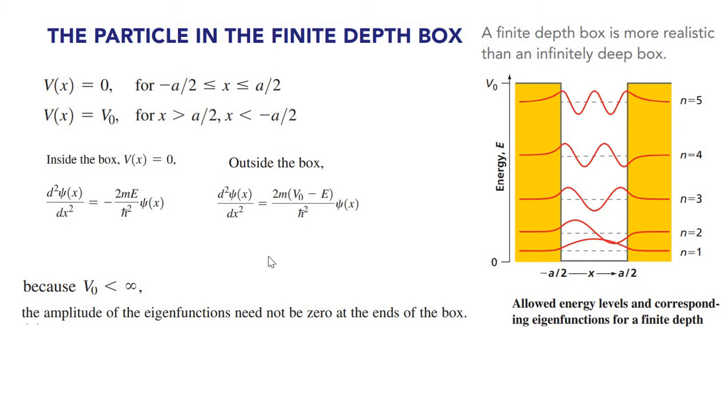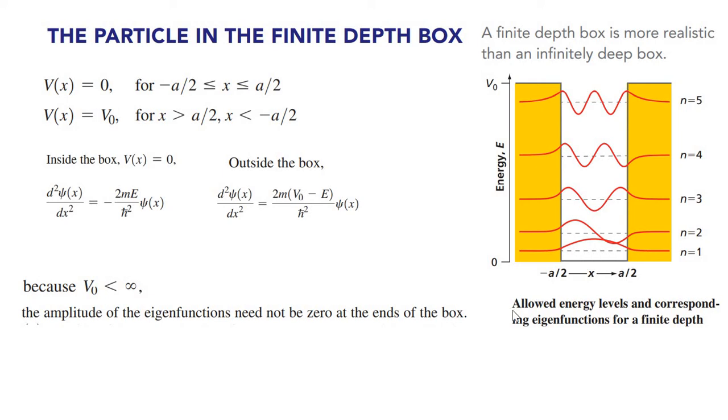Now, unlike the previous case, since V0, that means this constant value, is not infinity but less than infinity, that's why the amplitude of the eigenfunctions need not be 0 at the ends of the box. In the earlier PIB case, the wave function must vanish at the wall, right?